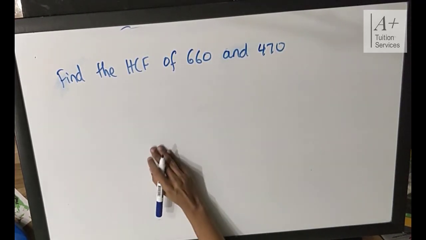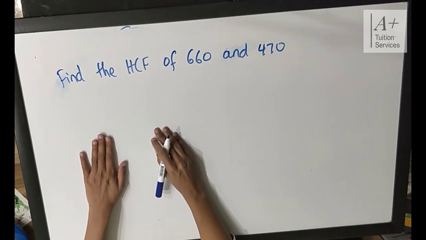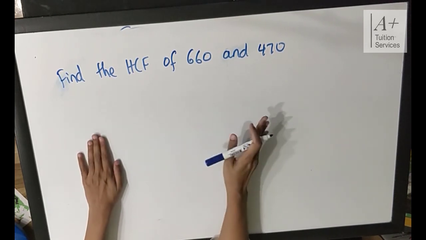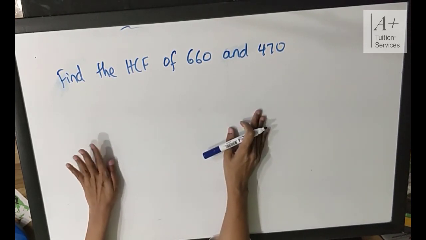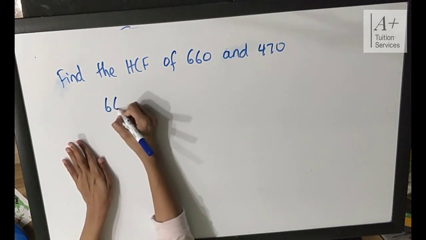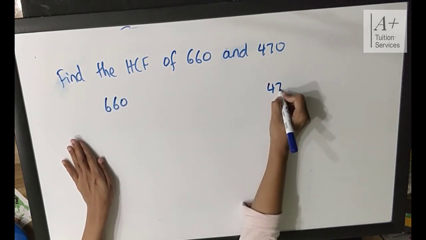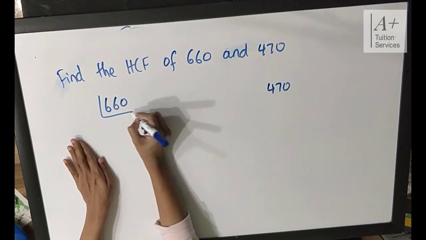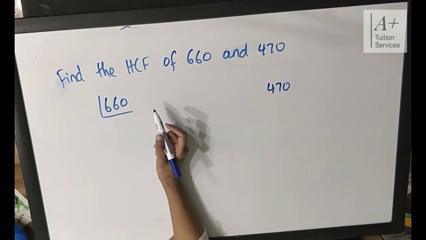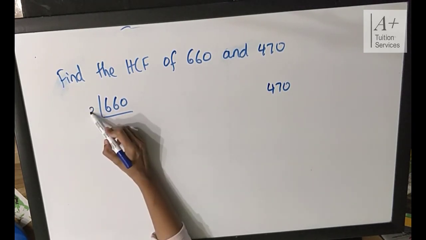The two numbers we want to find the highest common factor for are 660 and 470. What can divide into 660? The smallest factor first, and we could try 2.